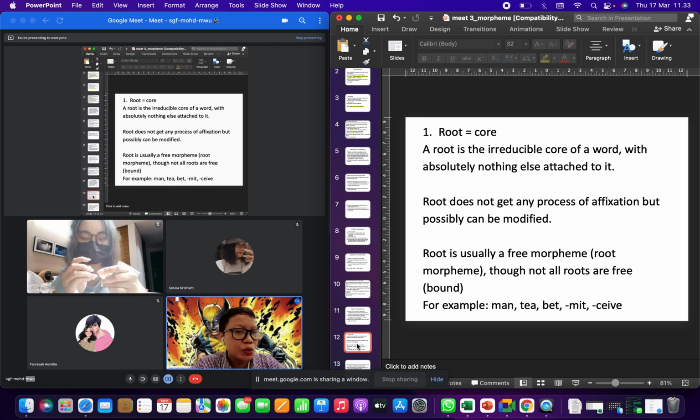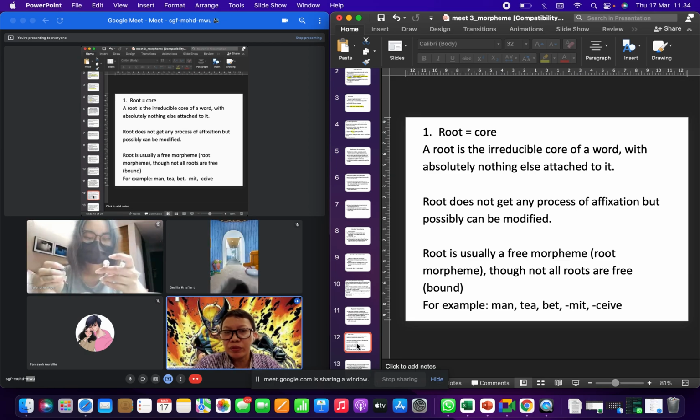You cannot reduce, you cannot split, you cannot decompose this word, with absolutely nothing attached to it. It means that when we talk about root, we talk about the base form of the word. Root doesn't get any process of affixation, but it possibly can be modified.